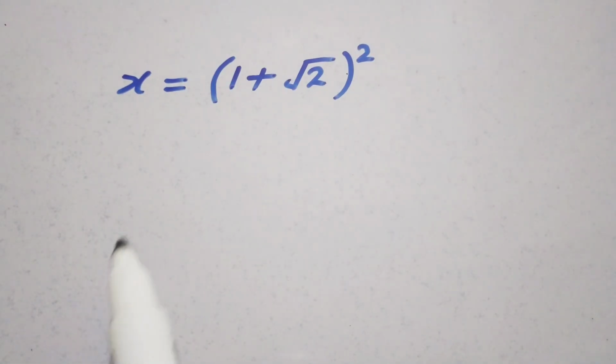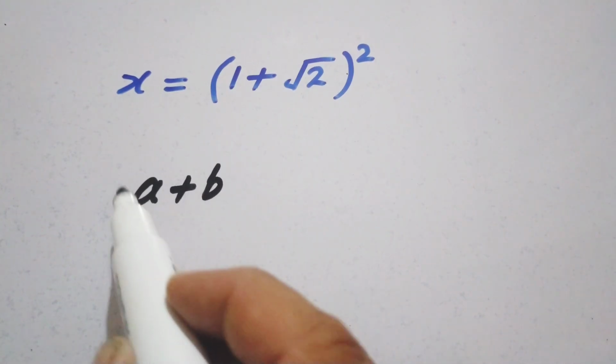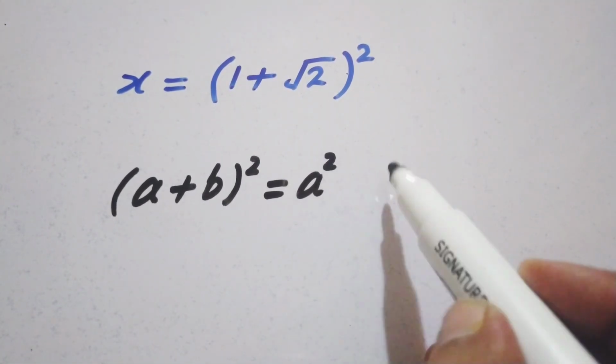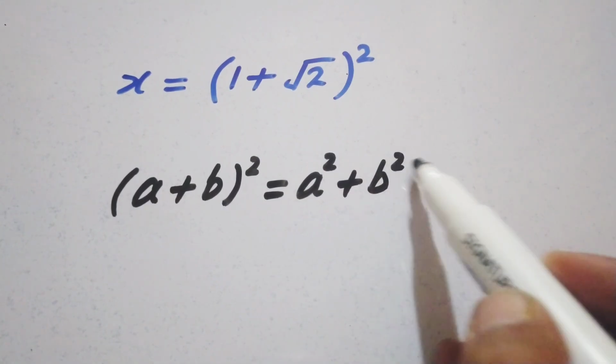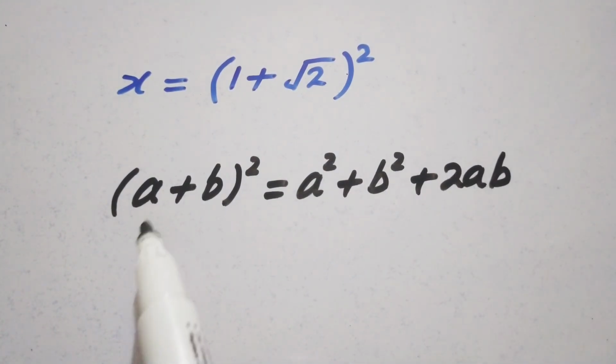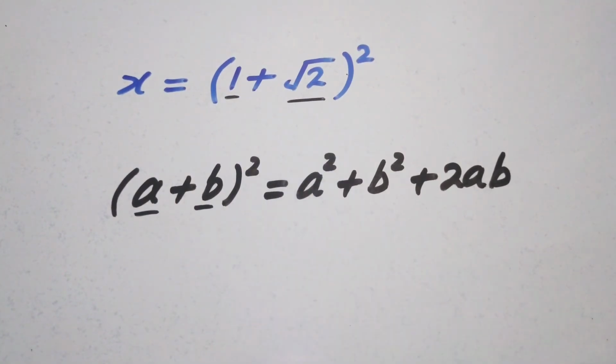Now using another algebraic identity, that (a plus b) whole squared is equal to a squared plus b squared plus 2ab. So here we have a is equal to 1 and b is equal to square root 2.